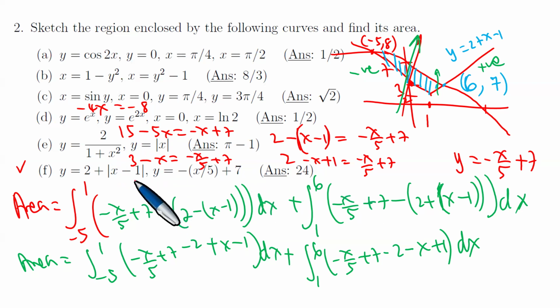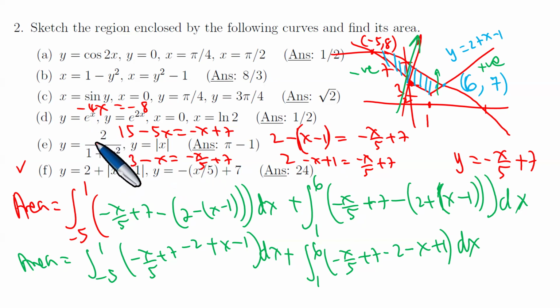Let's check. Yeah, so it's a minus x plus 1 minus x plus 7. So you'd have this one in negative slope. Okay, multiply through by the 5. Before you multiply by the 5, we added 2 plus 1, giving us a 3 minus x, which is minus x out of 5 plus 7.